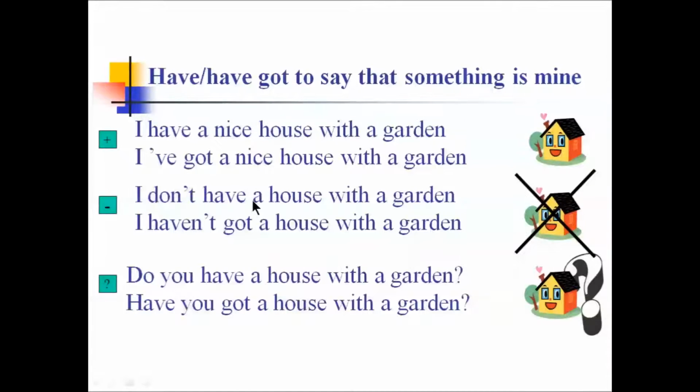I don't have a house with a garden, or you can say I haven't got a house. Here, the first two sentences are the affirmative form, this is the negative form, and this is the question form.